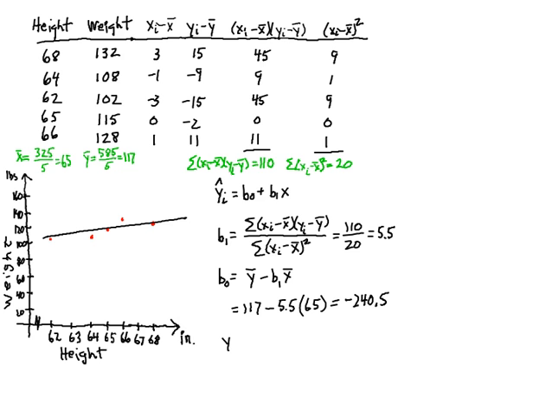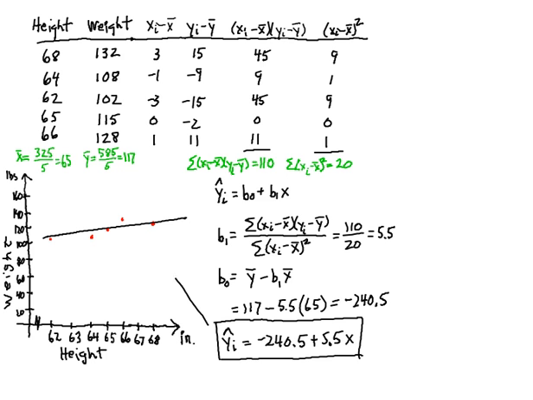So my regression equation, my estimated regression equation is negative 240.5 plus 5.5 times x. And this is the equation of the line that best approximates that data.